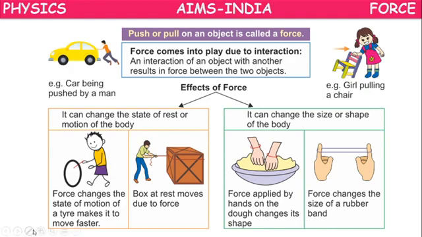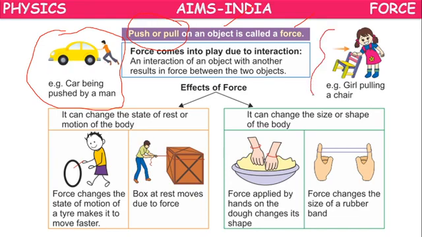So the push or pull on an object is called force. Like a car being pushed by the man is an example of force because of which the car will move. A girl pulling the chair is an example of force because of which the chair will move.